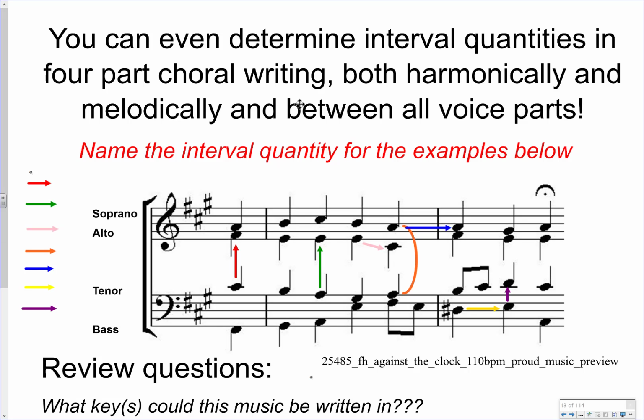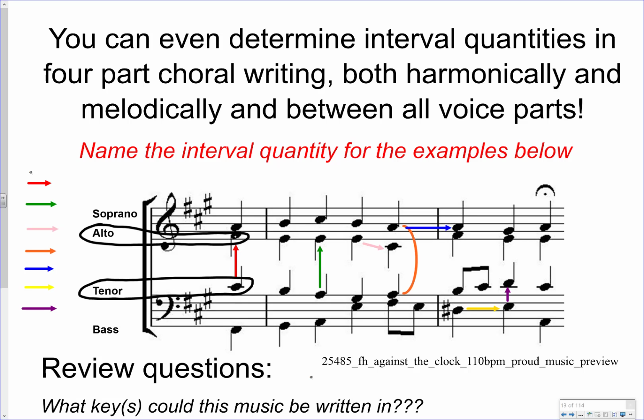We're looking at the red arrow, and the red arrow is going from the tenor voice, pointing upward to the alto voice. So the interval that we need to compare to find the generic quantity is going to be this C sharp to this F sharp. Now remember, the sharps don't matter when you're talking just about the generic quantity. We're just looking for the number.